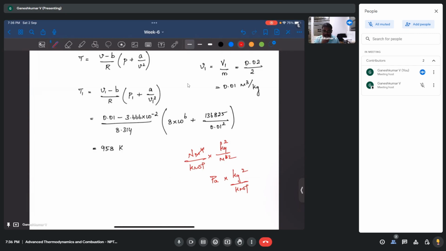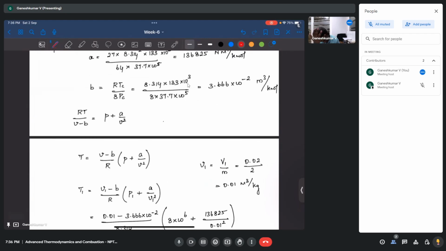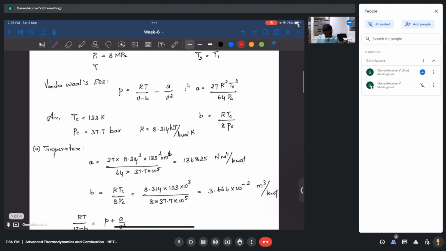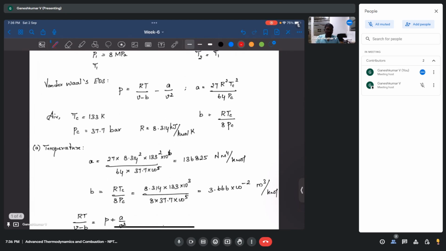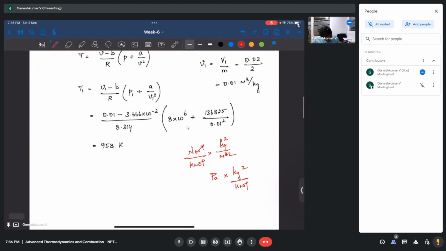Why is there a square? Okay. So if this is for A, right? Let me check. Right only. V is going to be meter cube.